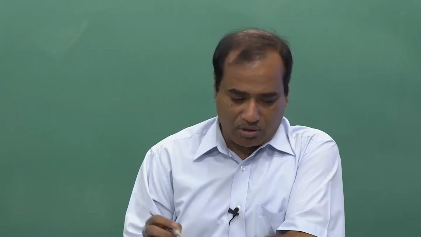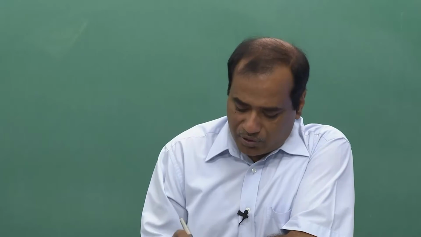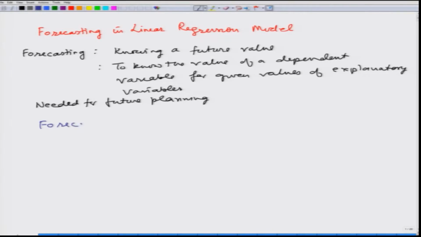Whenever we are talking of a forecast, it should have some important properties. For example, it should be timely, meaning it should not take a very long time to forecast the value, because by that time it may be possible that the time has already passed.